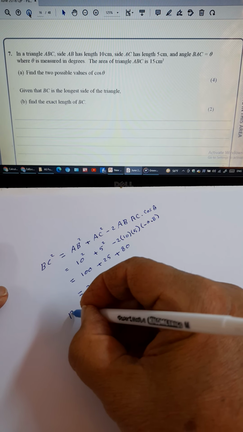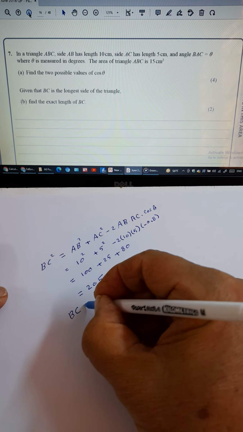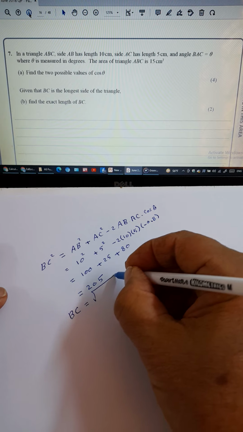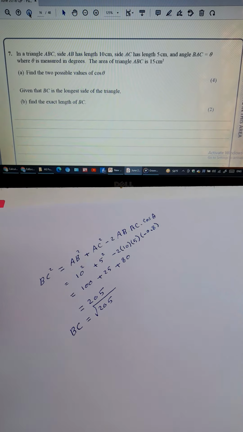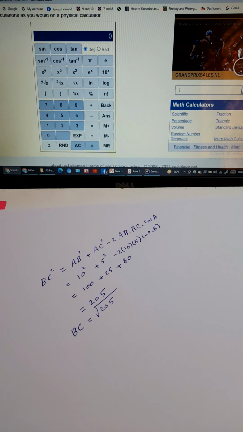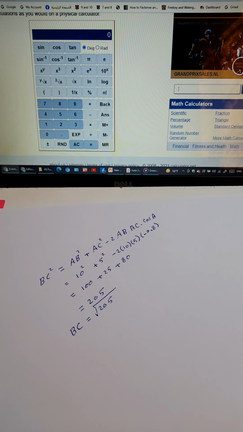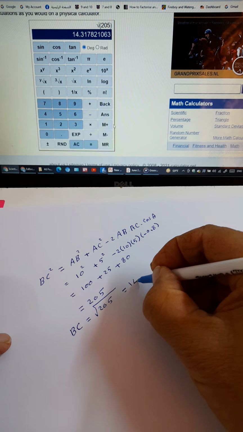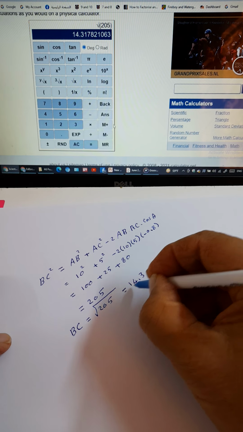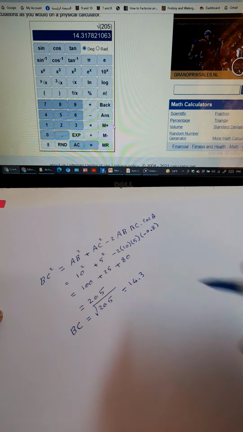So BC equals the square root of 205, and using the calculator, the square root of 205 is 14.3, rounded to 3 decimal places, centimeters.